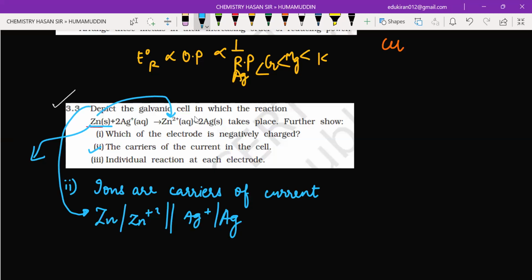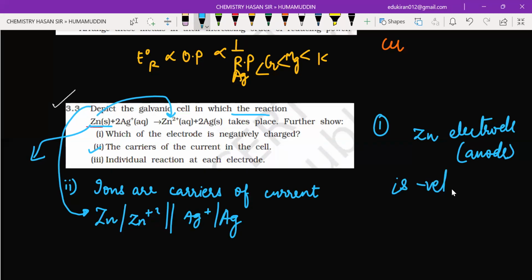Are you getting my point? And you can see which electrode is negatively charged. The anode is negatively charged. So we can write the zinc electrode, which is the anode, is negatively charged. Got it?